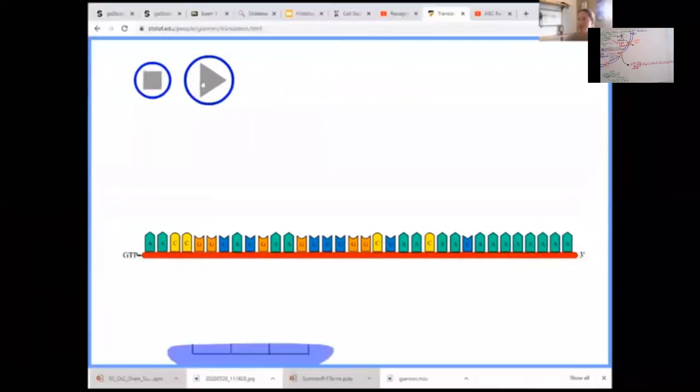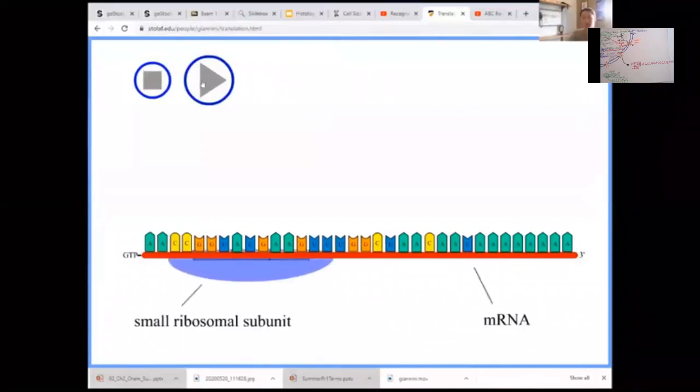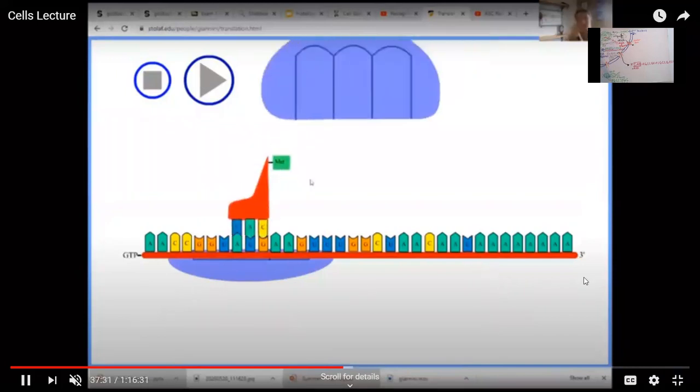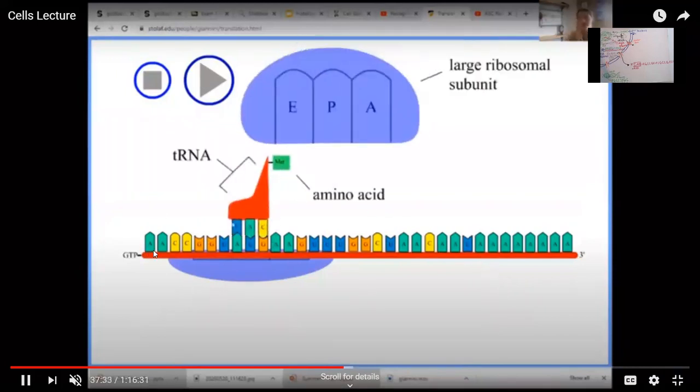What is going to happen here is that the small ribosomal subunit is going to be floating around the cytoplasm, and it is going to see this 5' cap, and it is going to attach to the mRNA. So this shows at the beginning. The ribosomal subunit is going to read this mRNA and look for something called a start codon.